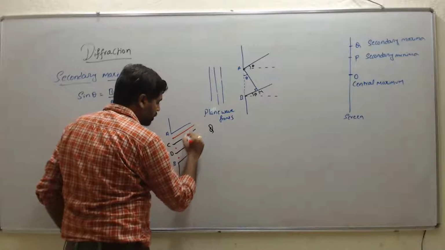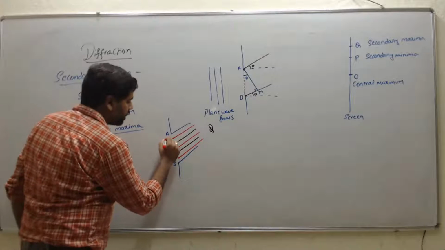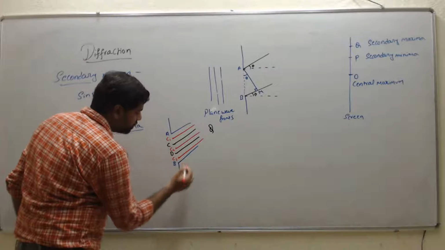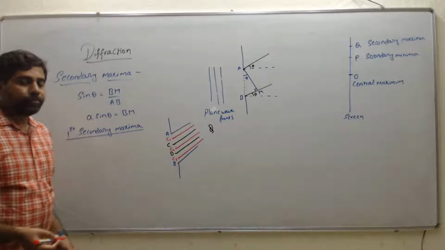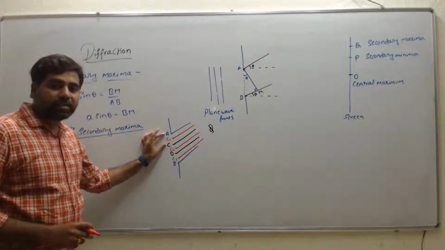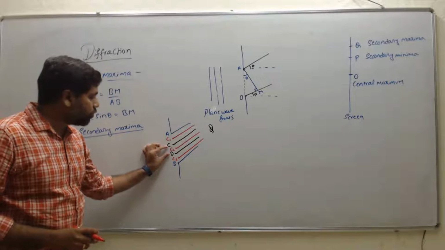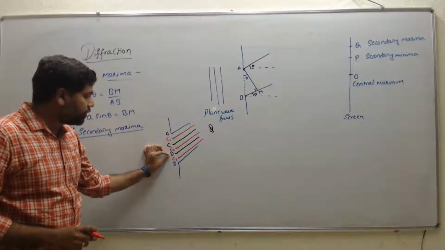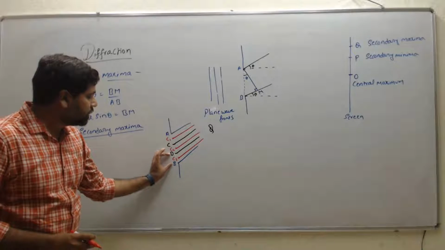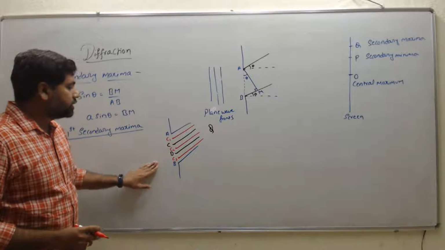The waves will emanate from these points. I will call these points C1, C2 and C3. C1 is the point taken in the region AC, the corresponding point C2 lies between C and D, and similarly we get another point C3 in the region D and B.